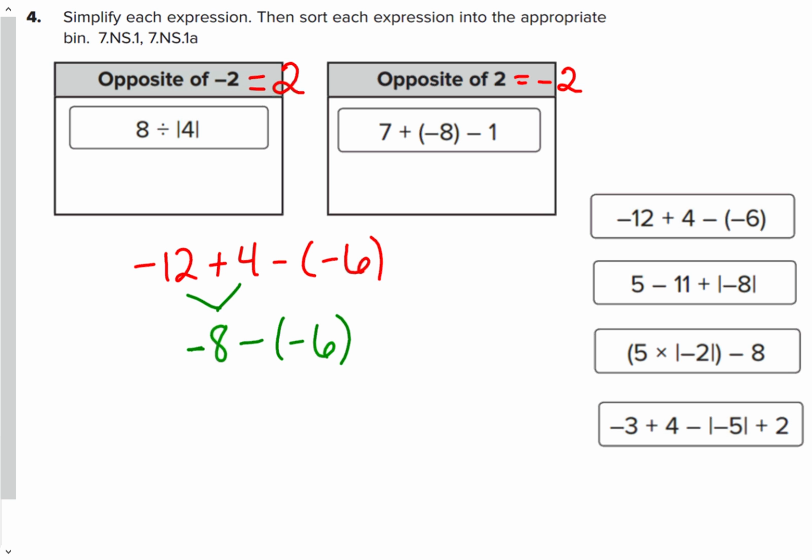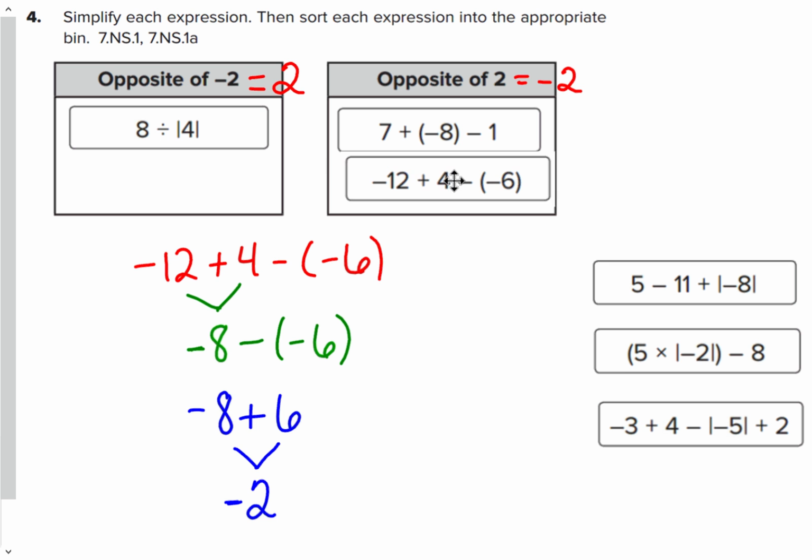Now I'm going to rewrite my subtraction sentence as addition sentence. Subtraction turns into addition. Opposite of -6 is +6. Now these have two different signs. Again, we're going to subtract them. So 8 minus 6 is 2. I have more negatives, so the answer is negative. So this answer is -2, which is the opposite of 2. So that answer goes there.